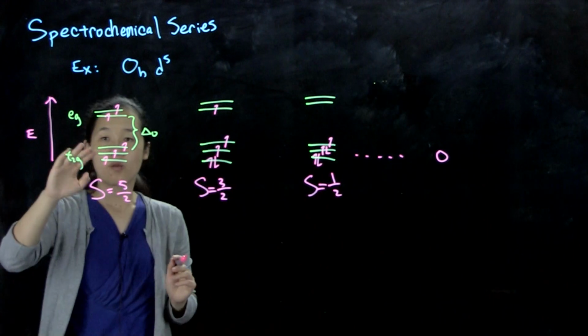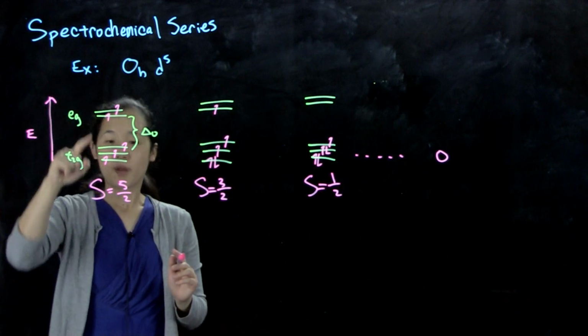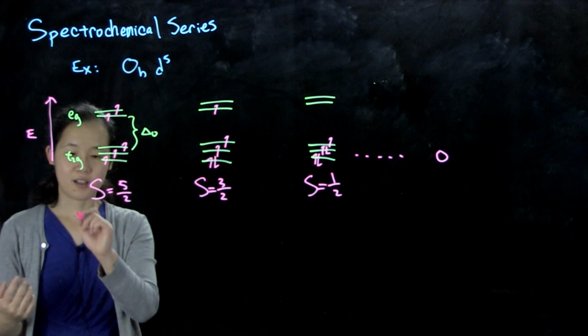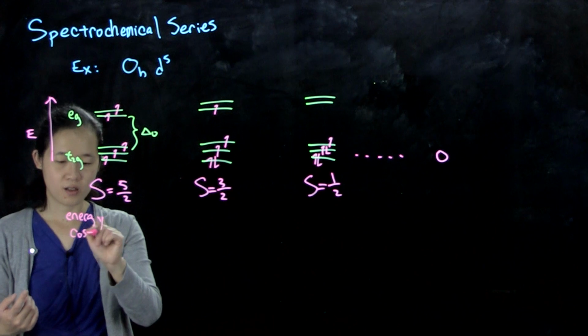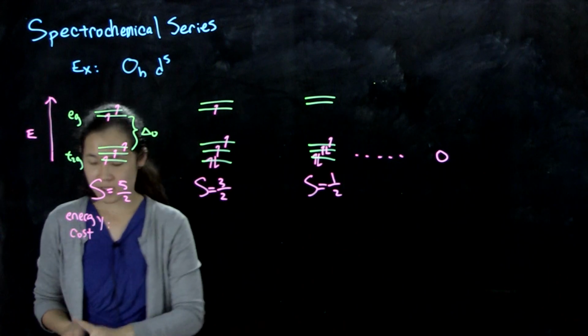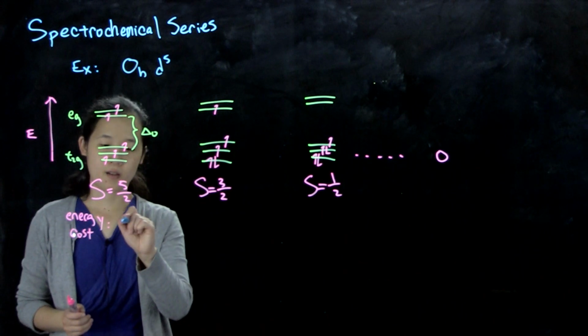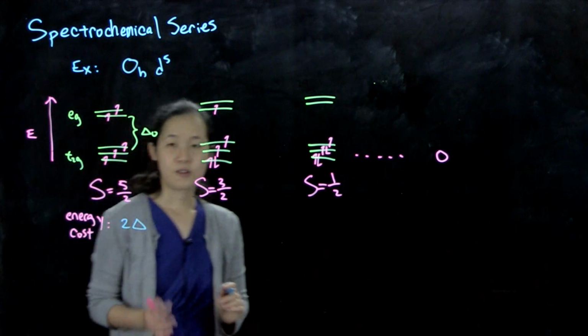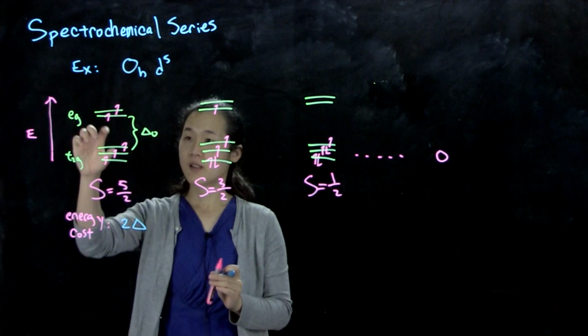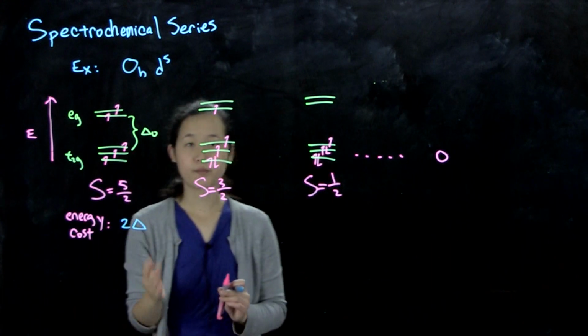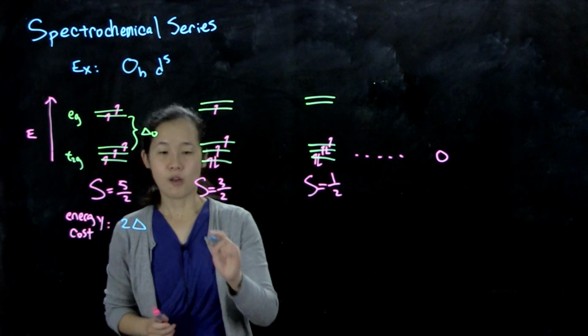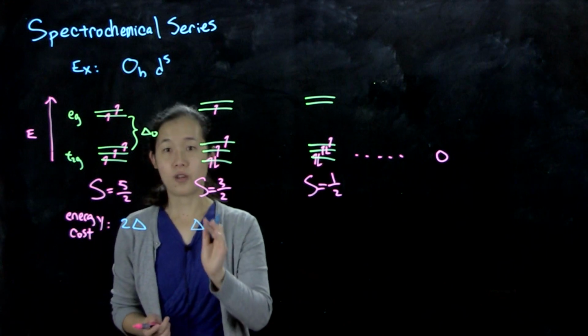But then when we have to put electrons up here, we're paying the price of our energy cost. So for this configuration, we pay the price of 2 delta O, because we have to put 2 electrons across this energy gap. It's higher than our 0 energy. In this example, we paid the cost of 1 delta, so you think it might be lower.